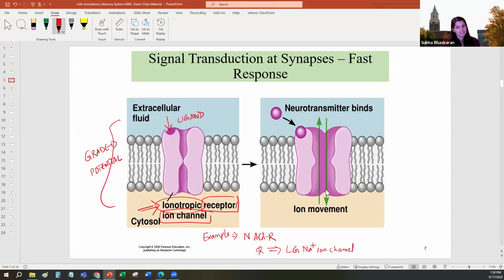This is going to bring in sodium, yes or no? Causing the membrane potential to go close to threshold. So if it is another example, if it is a ligand-gated sodium channel, what will happen to the membrane potential?